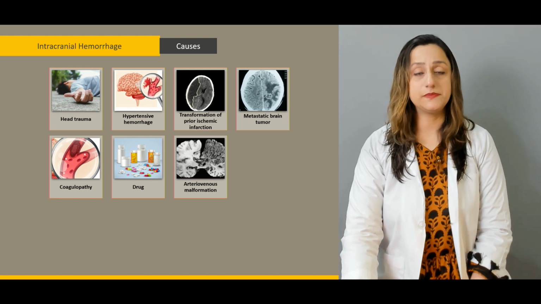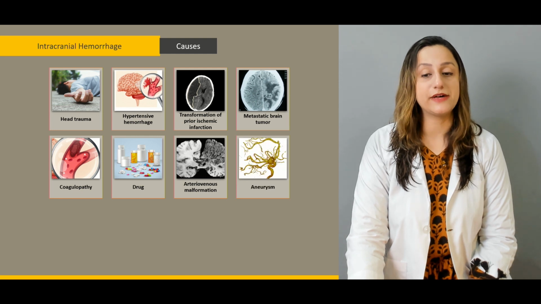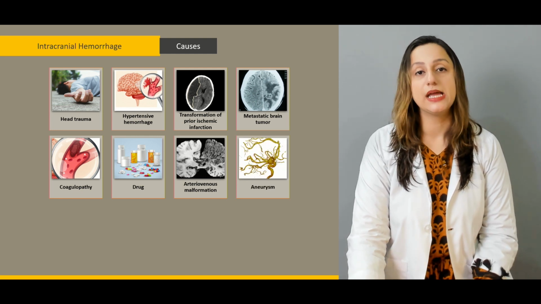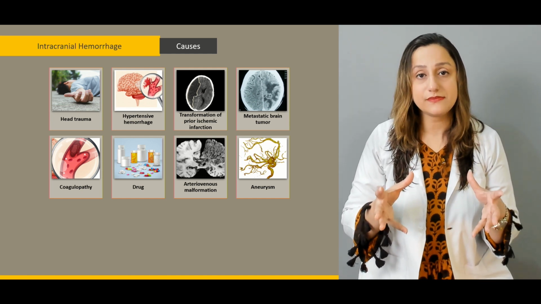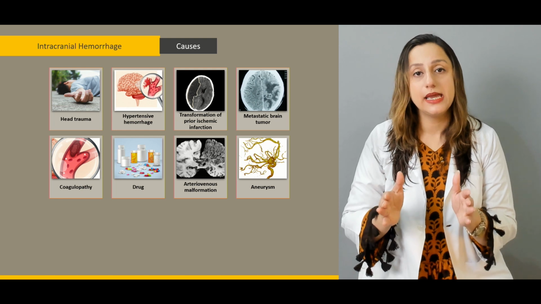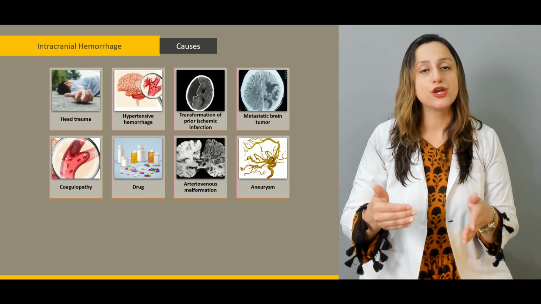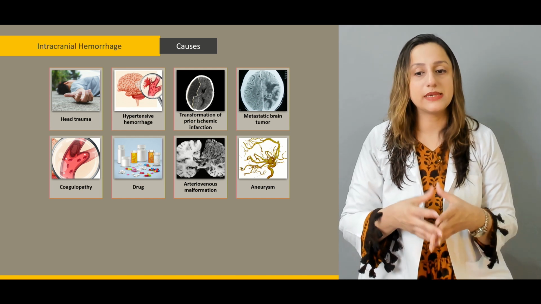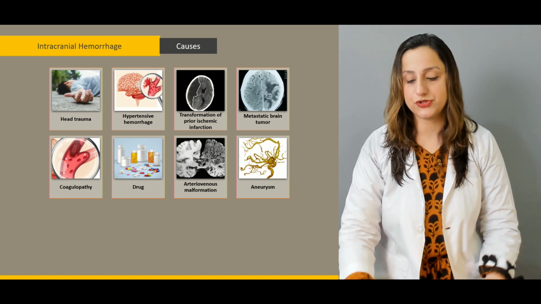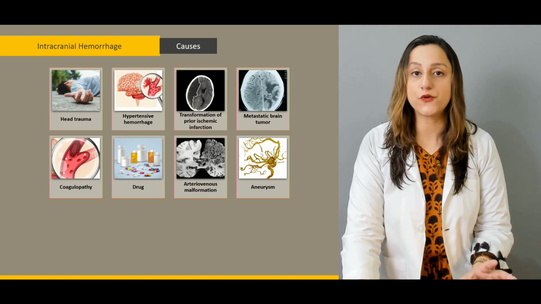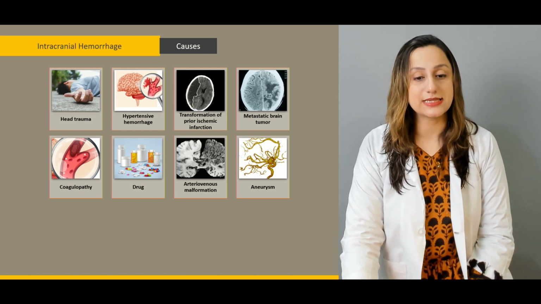Another very important congenital condition contributing to this is the aneurysm, the congenital dilatation at any specific point in the cerebral vasculature, which is again prone to rupture. So it can be one of the causative factors towards intracranial hemorrhages. Both of these conditions, AV malformations and aneurysms, are usually accidental findings on CT scans and MRIs.